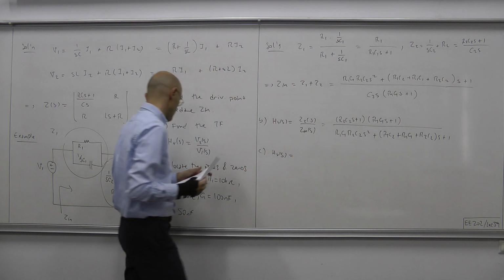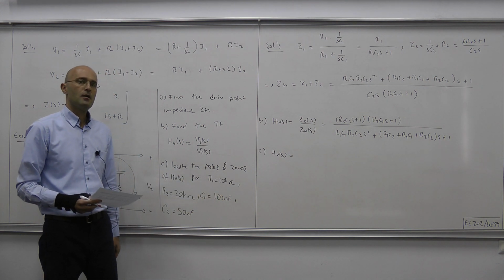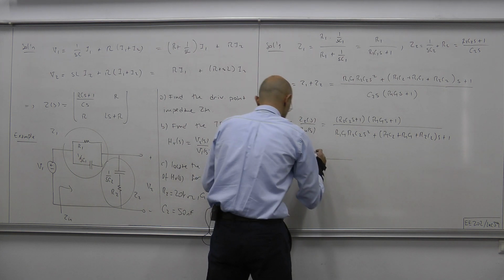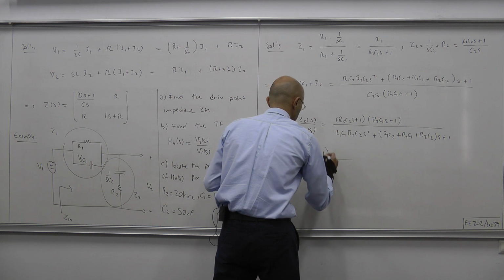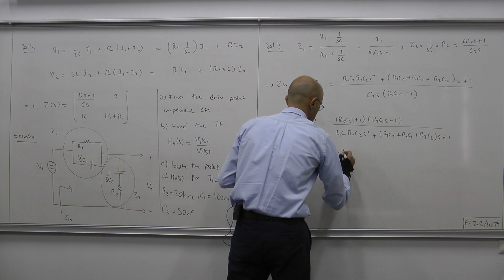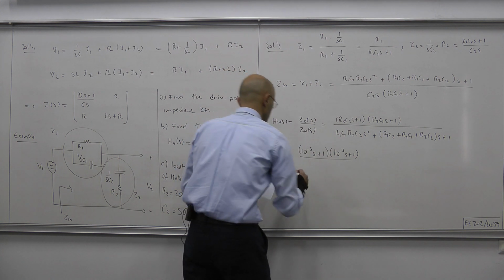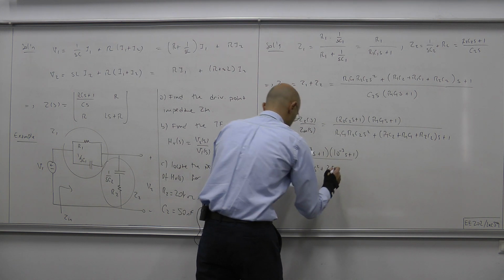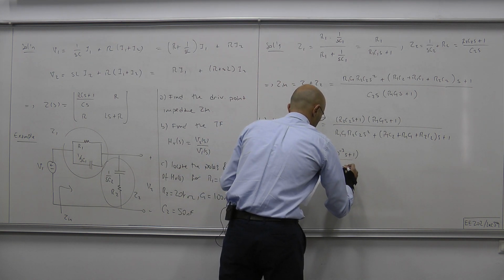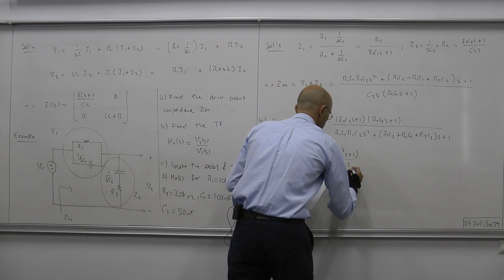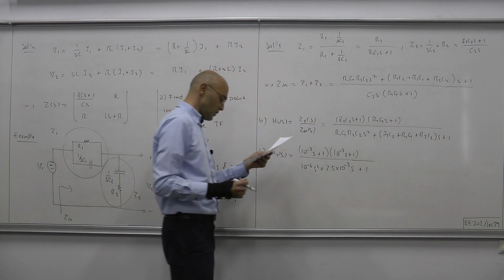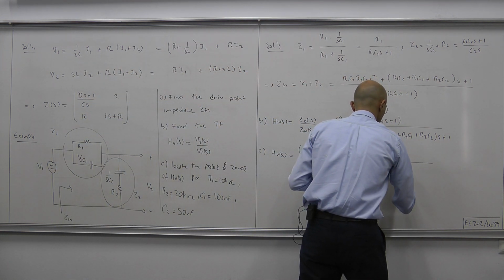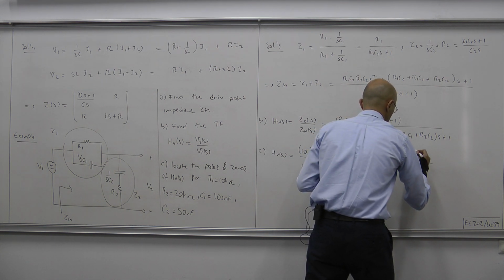HV of S, the transfer function for this set of parameter values, reads S plus 1 times 10 to the minus 3 S plus 1 over 10 to the minus 6 S squared plus 2.5 times 10 to the minus 3 S plus 1, which can be rewritten as follows.